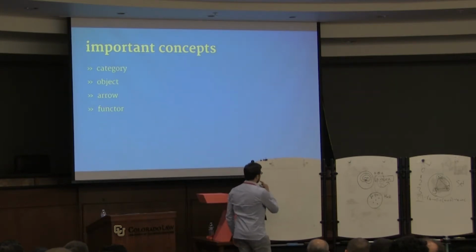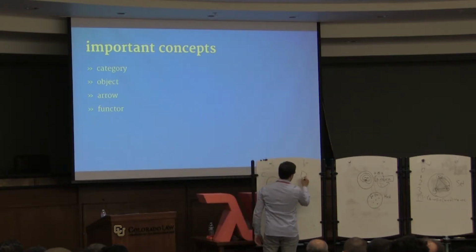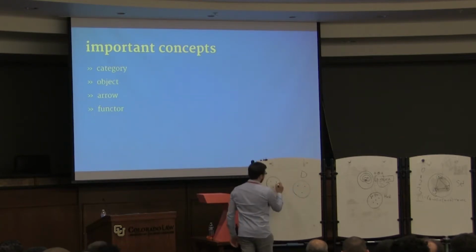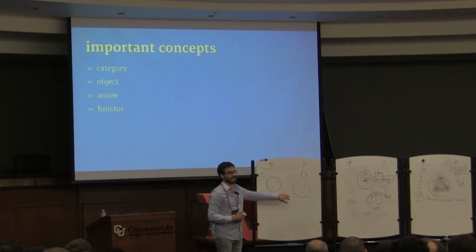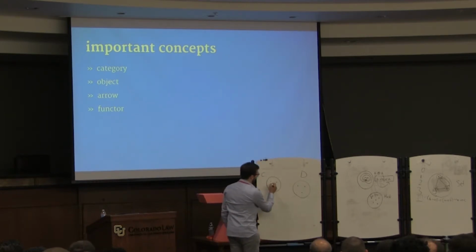So let me think. I have some category C with some objects, and some category D with some other objects. These are categories and not sets, right? Between the objects, I can have arrows.